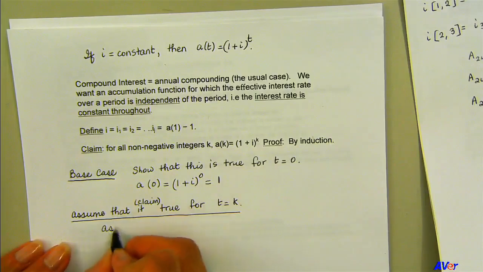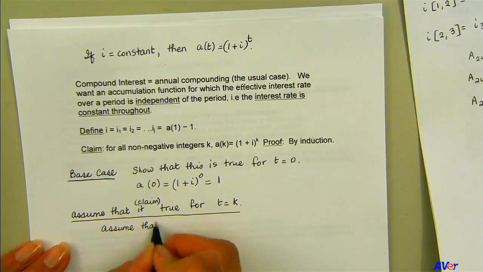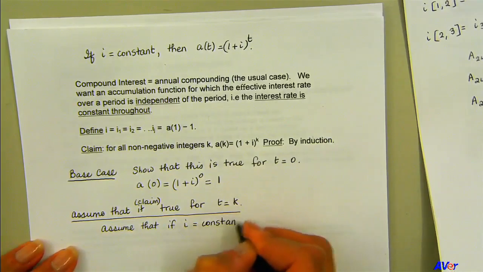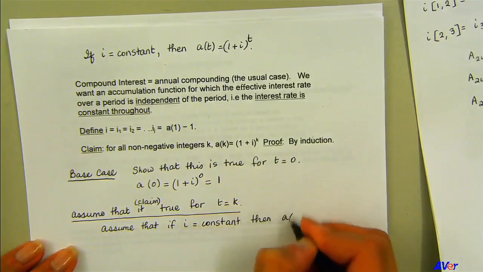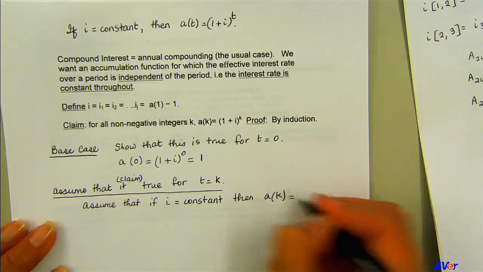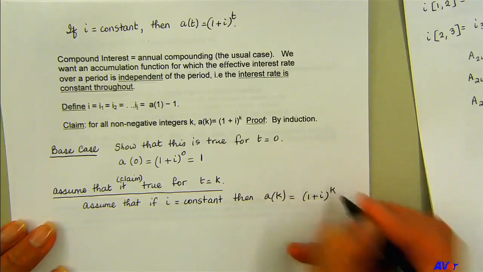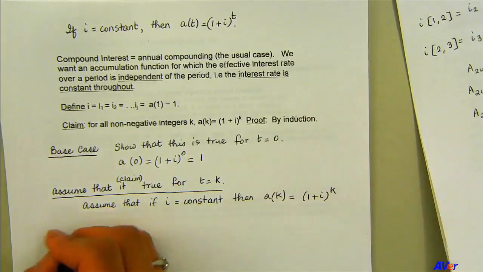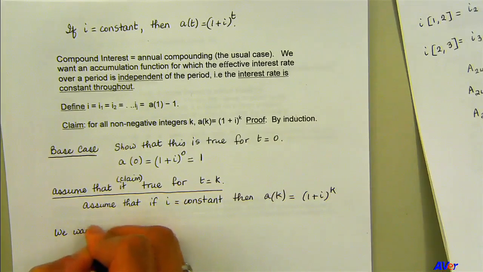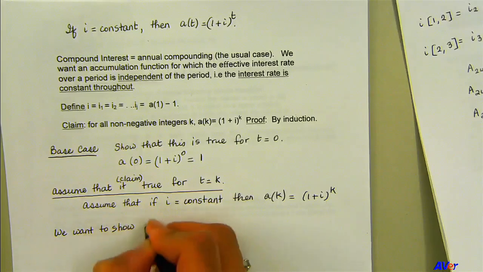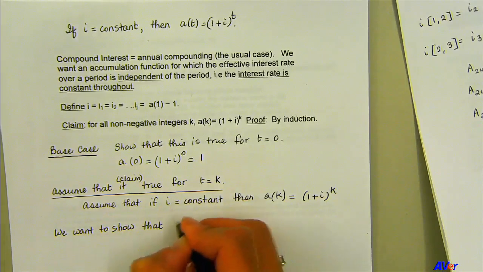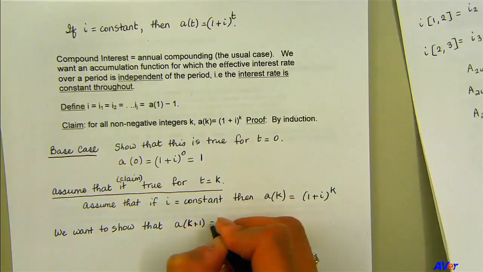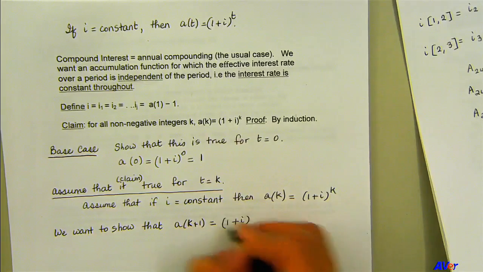So assume that if i is constant, then a of k is equal to (1 + i)^k. We want to show that a of k plus 1 is equal to (1 + i)^(k+1).